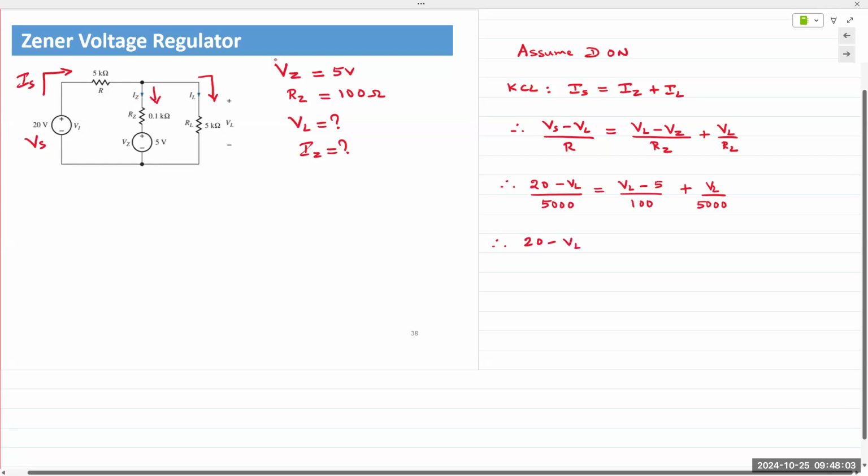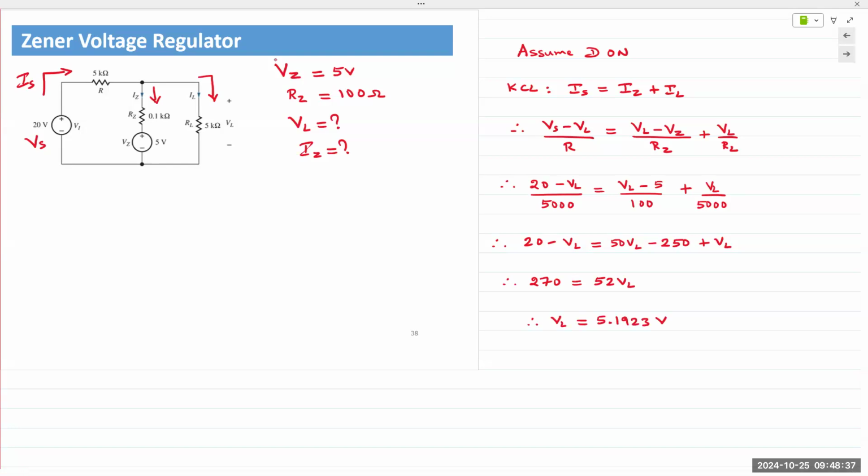You get 20 minus VL, 50 VL minus 250 plus VL. That gives me 270 is equal to 52 VL. And therefore VL is equal to 5.1923 volts.